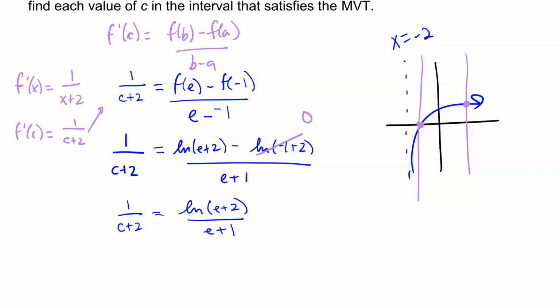Actually, where did the plus 2 go? Let's say for the ln, parentheses, -1 plus 2. So -1 plus 2 is 1, and ln of 1 is 0. So 0 plus 2 is 2. Where does the plus 2 come from?